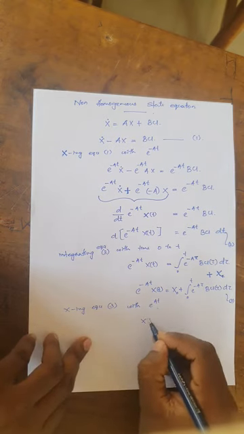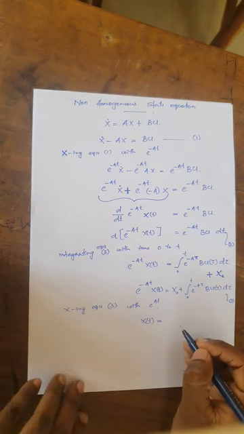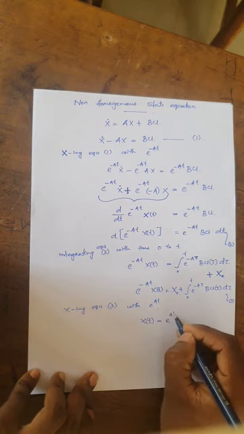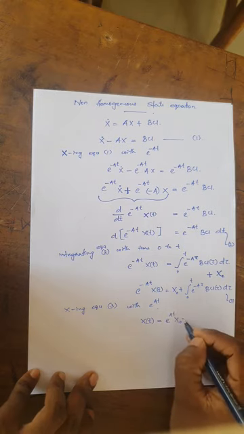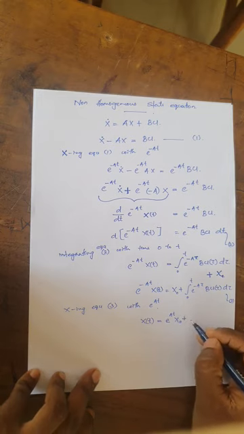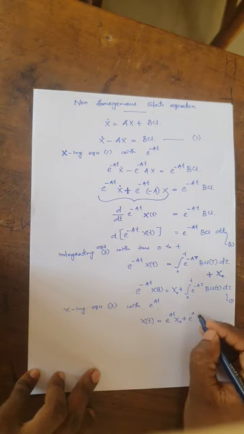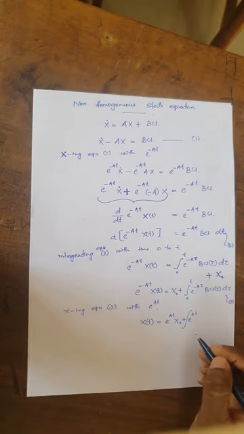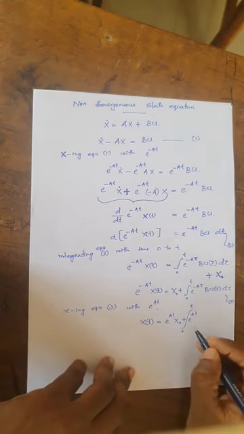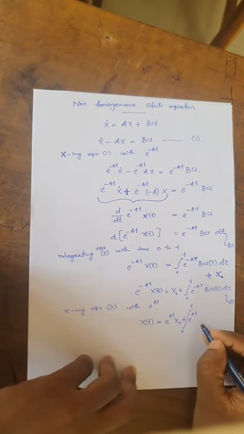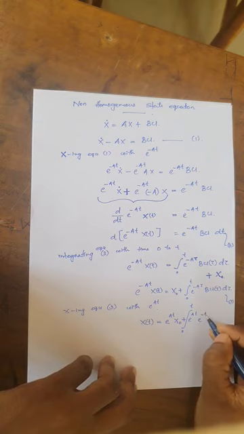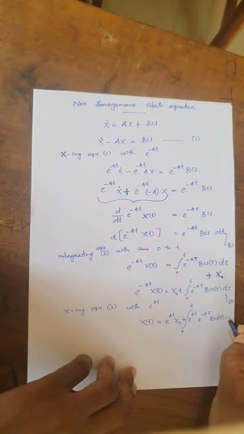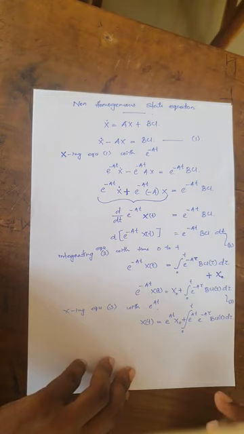So I will get x of t is equal to e raised to a t x0 plus e raised to a t will come here inside the integral from 0 to t. e raised to a t also will come here, e raised to a t into e raised to minus a tau b u of tau d tau. This equation will be like this.